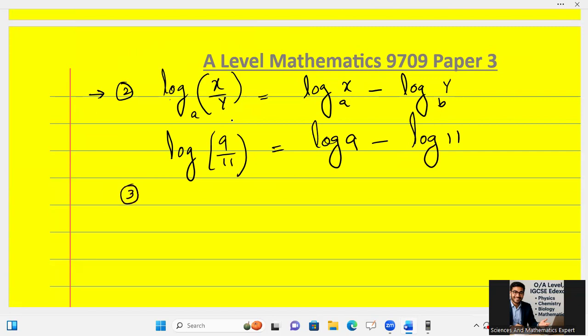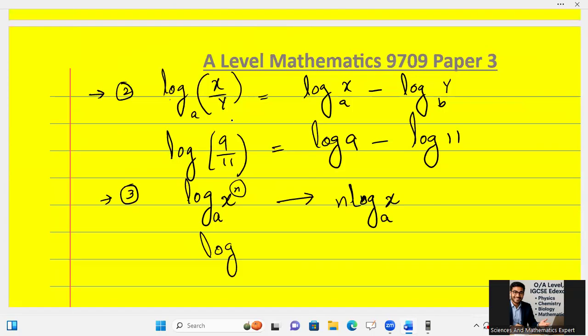In the third law, if the expression is x power n, that is log of x to the power n to the base a, then I will write it as n log x to the base a, and this power will come in the start of the logarithm. Let's suppose I take log of 3 power 4.